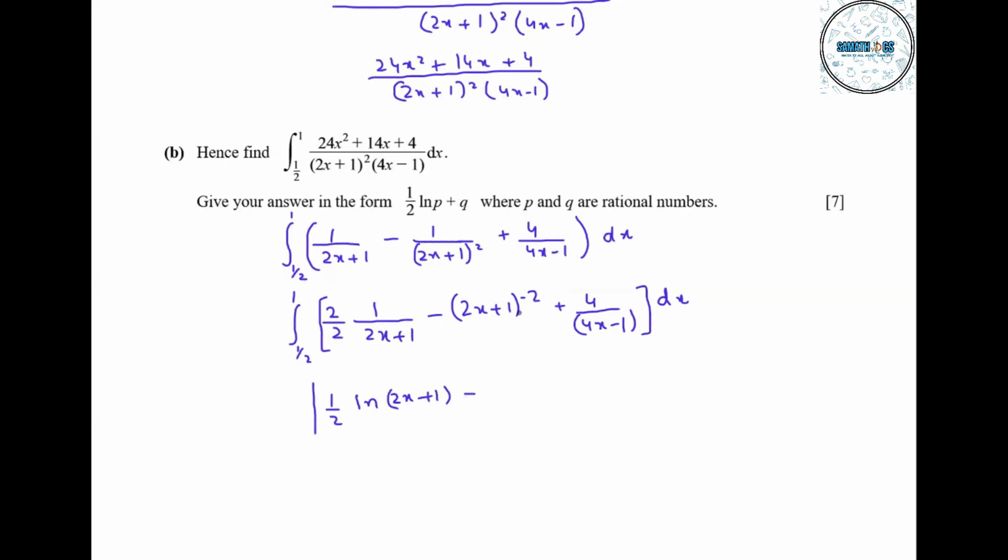When we will integrate this, this will become (2x plus 1) with power minus 1, and we have to divide it by minus 1 as well as the differential of this, which is 2. 4 upon 4x minus 1 will be integrated to ln (4x minus 1).